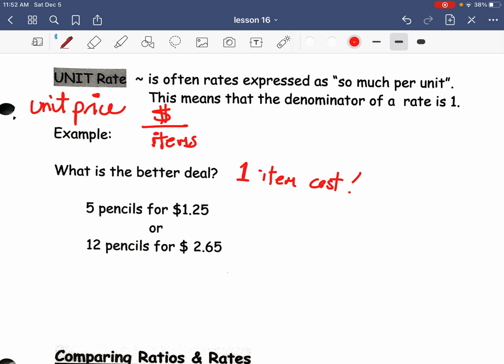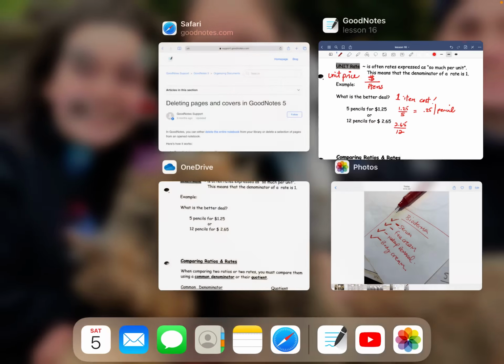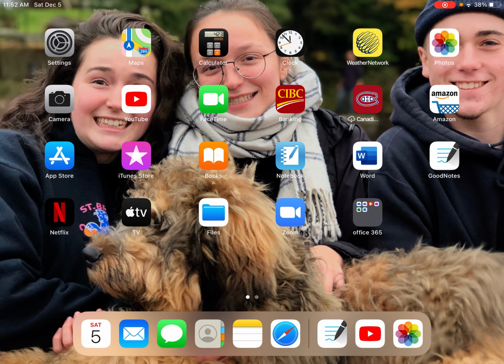So one item cost would give you a better idea of what would be the better deal. So for example, here I would say $1.25 divided by 5. I could say $2.65 divided by 12. My $1.25 divided by 5, that is a nice easy calculation, right? So it's going to give me 25 cents per pencil. My $2.65, I'm going to have to use my calculator for that one.